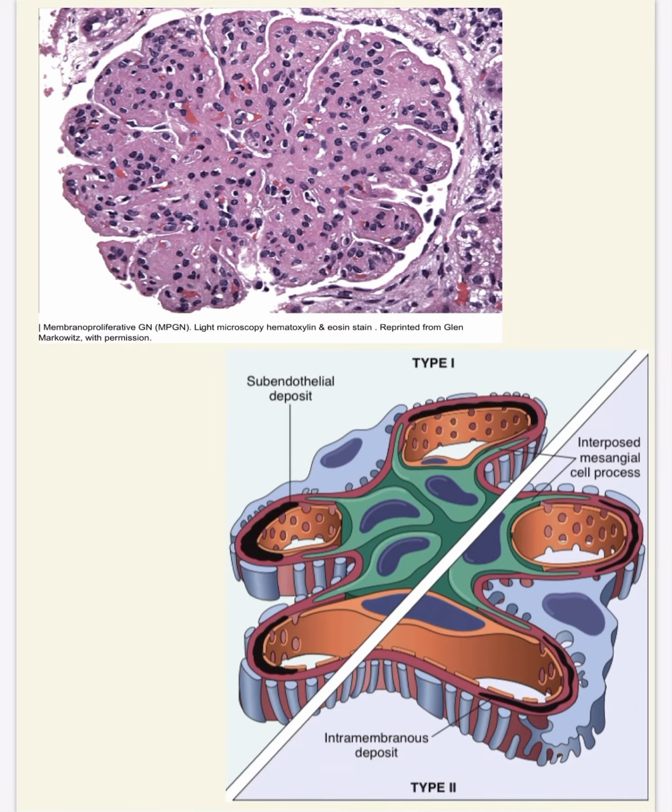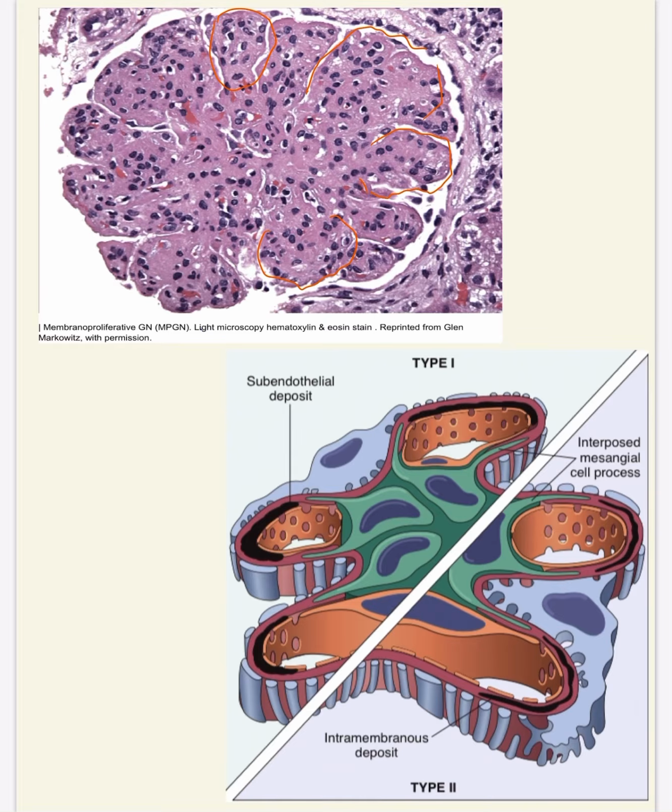Again in the morphology you see this picture, it has a lobular appearance. This is the glomerulus, and this is showing increased proliferation of cells, the mesangial cells are increased, and the matrix is also increased, and it has this lobular appearance. And this is a diagrammatic representation from Robbins.